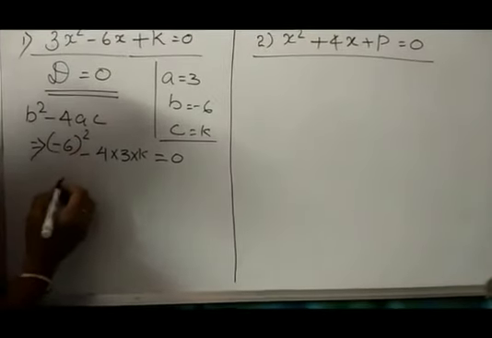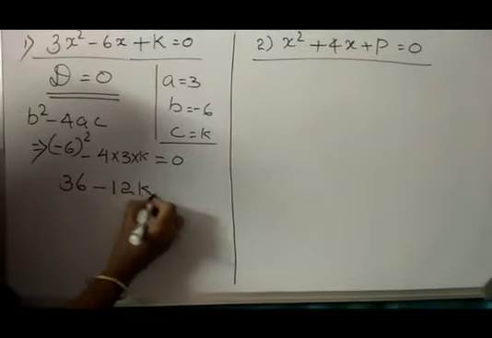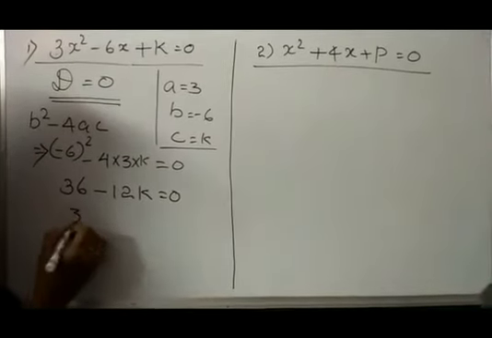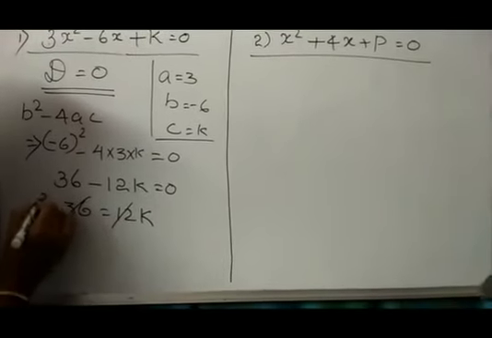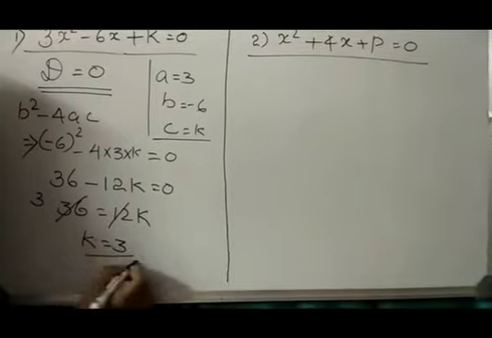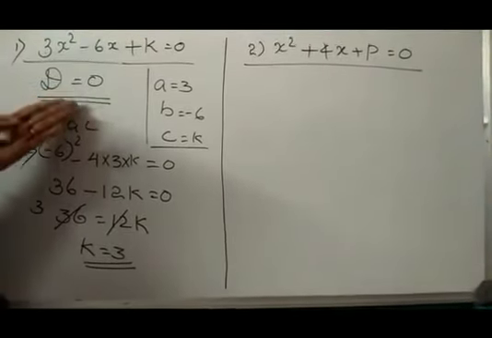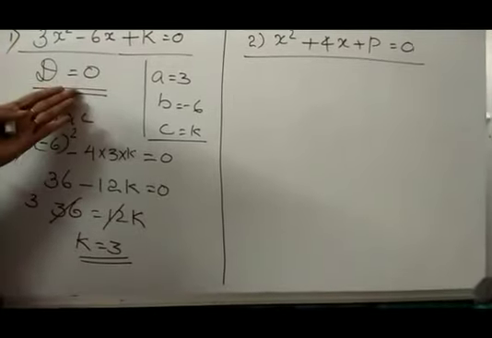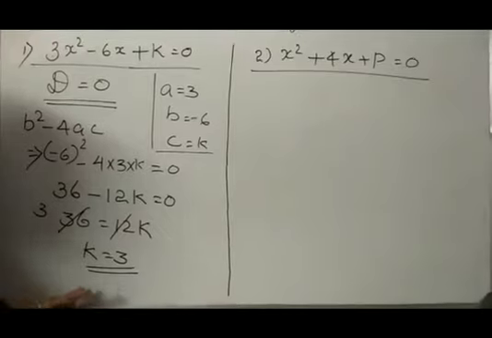So this is 36 minus 12k is equal to 0. 36 is equal to 12k. When you simplify, you will get the value of k as 3. So here the condition was that the discriminant is equal to 0. By using this property, we were able to find the value of k, and the value of k is equal to 3.